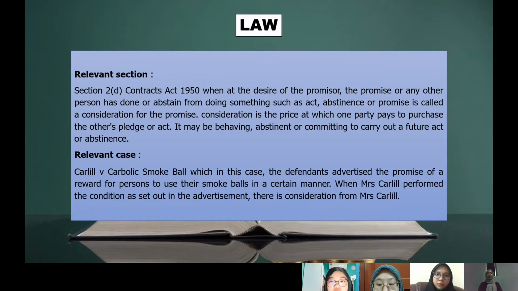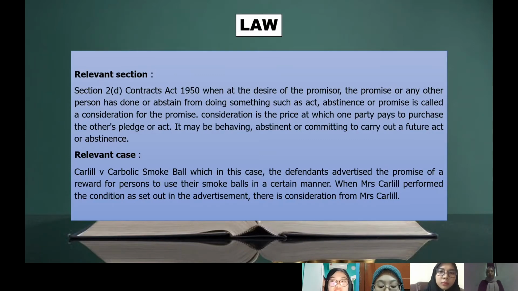Hi, my name is Ziana Izzatie binti Mohamad Zamberi. I'm going to explain about consideration in terms of law. In the scenario, the relevant section is Section 2(d) of the Contracts Act 1950. When at the desire of the promisor, the promisee or any other person has done or abstained from doing something, such act, abstinence, or promise is called a consideration for the promise.